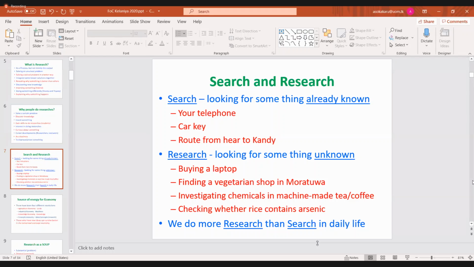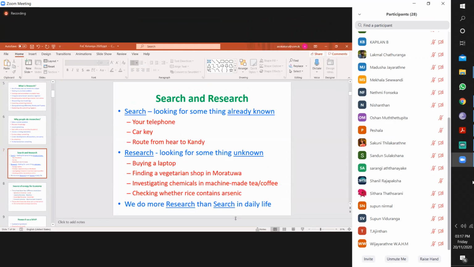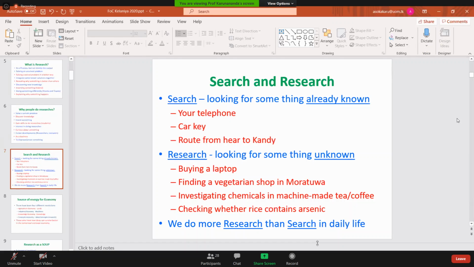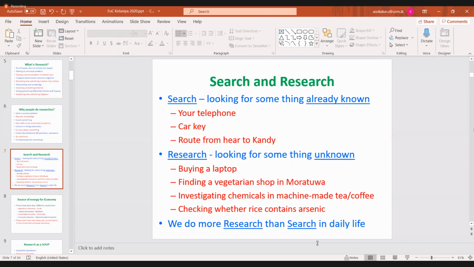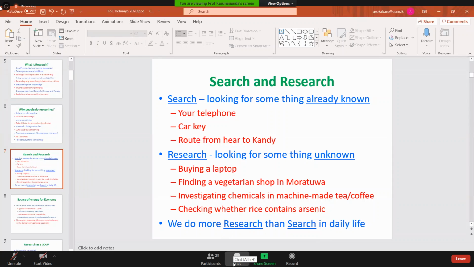Now tell me, say I also give some example. If you are not married, okay. Now you are not married. When you are looking for a partner in the future, you are doing research or search. Yes, research or search.